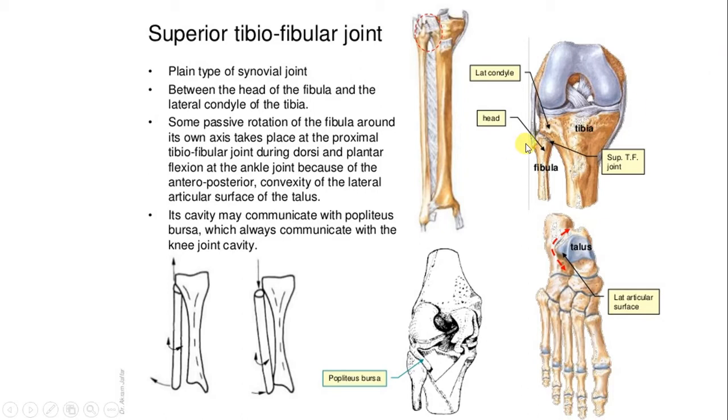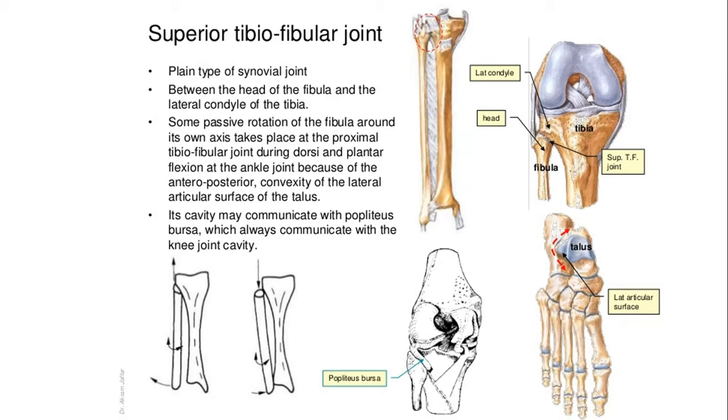What we have learned is that if it is a synovial joint, it must have a synovial membrane and a capsule, and the capsule is at the articular margins. As it is very near the knee joint, the synovial membrane may communicate with the knee joint through the tendon of the popliteus muscle. So now we have understood these things.